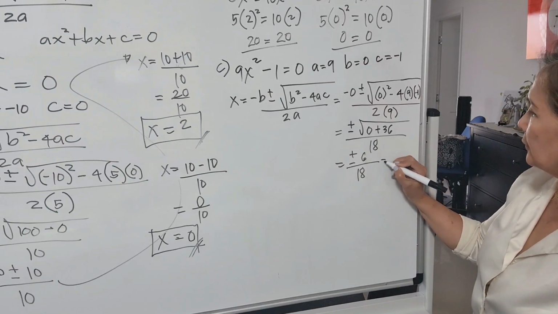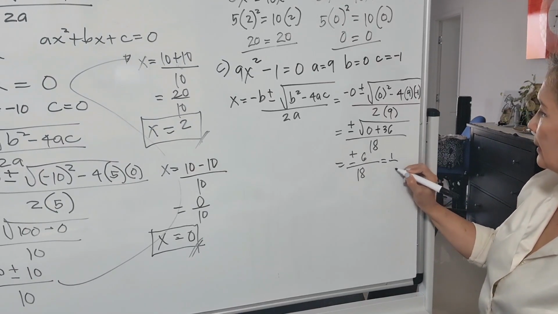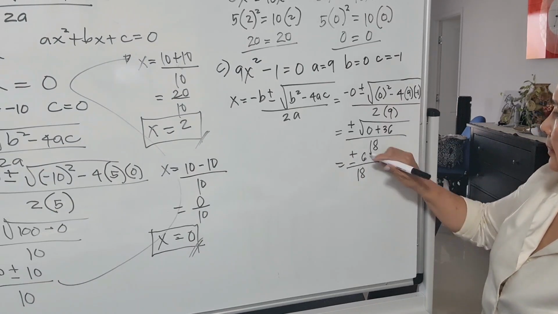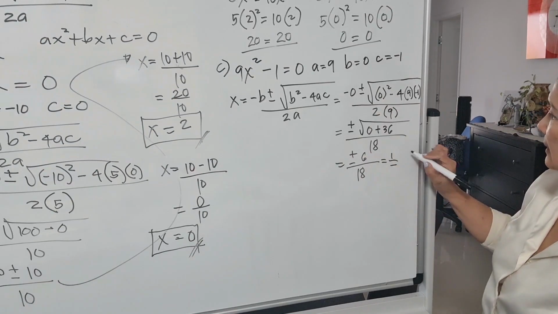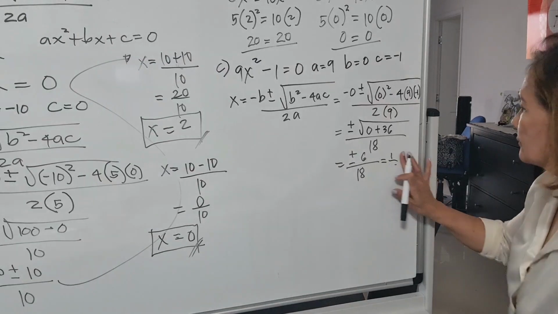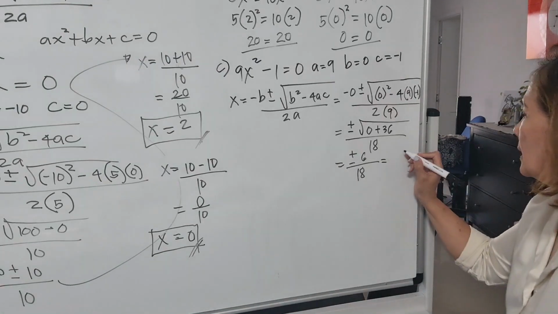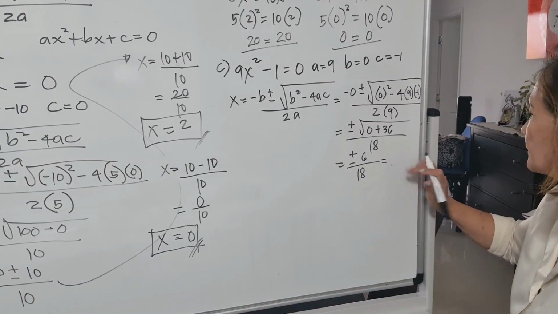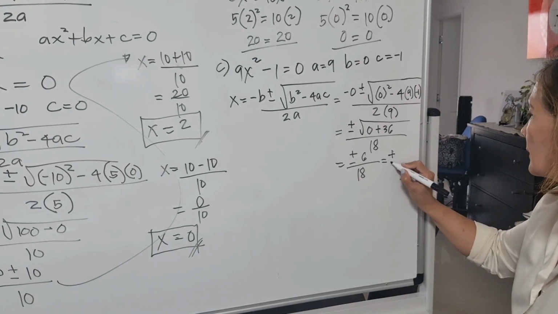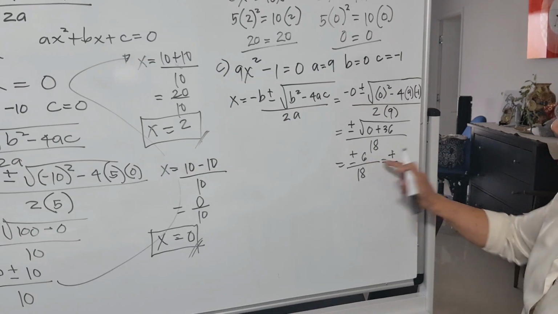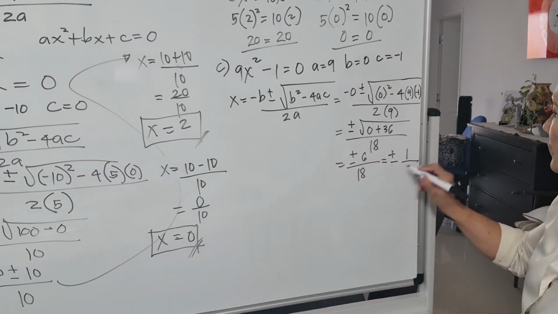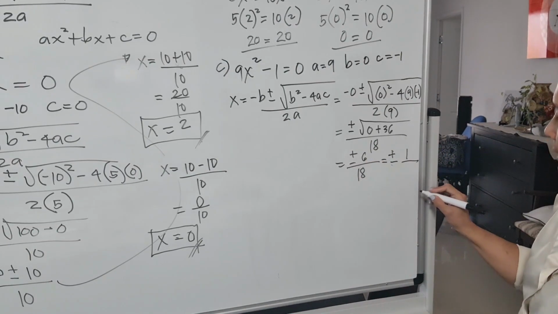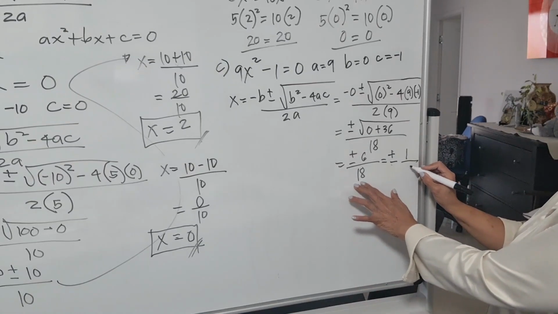We will have therefore plus or minus 6 divided by 6 is 1. We have plus or minus 6 divided by 6 is 1. 18 divided by 6 is 3.